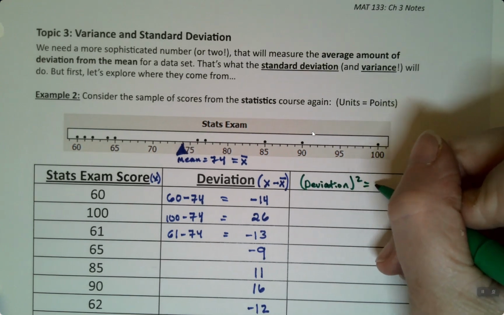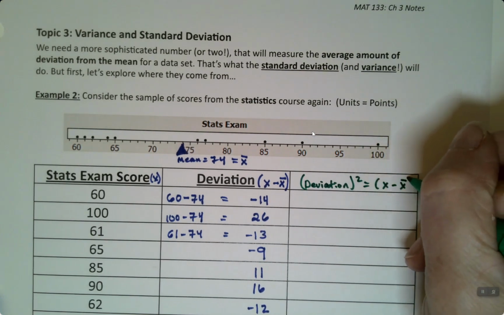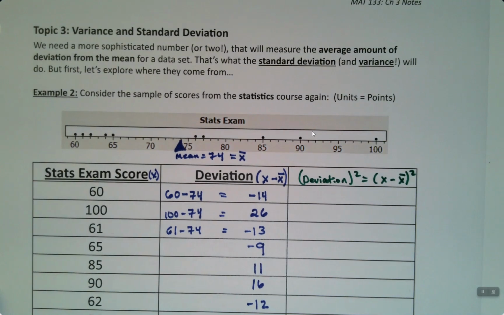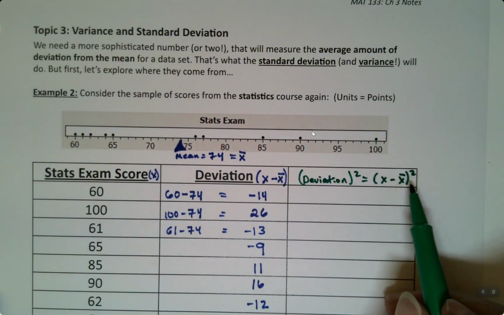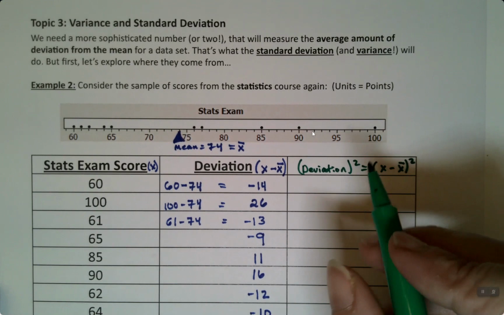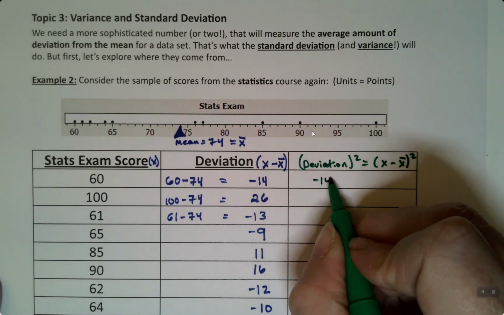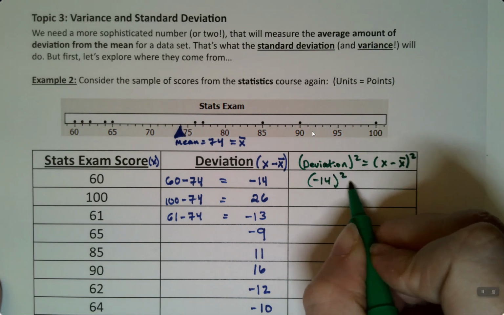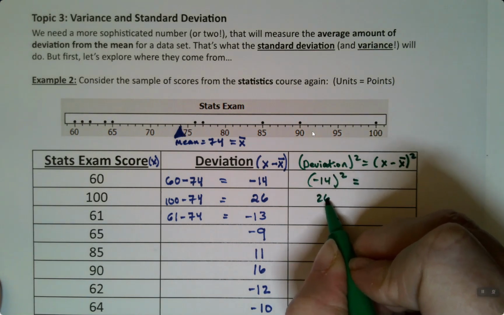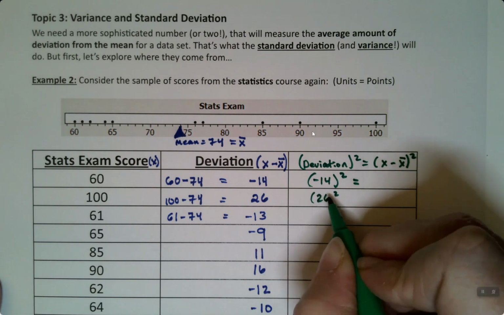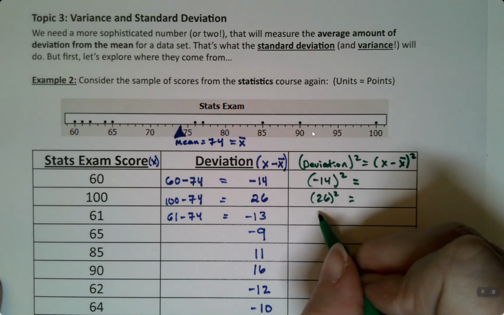In other words, we're going to take the x values minus the x bars, and we're going to square them. And you put it in parentheses to make that happen. Okay, so negative 14 goes in parentheses, and you square it. Positive 26, you don't really need parentheses because it's already positive, but if you want to put it in parentheses, knock yourself out.